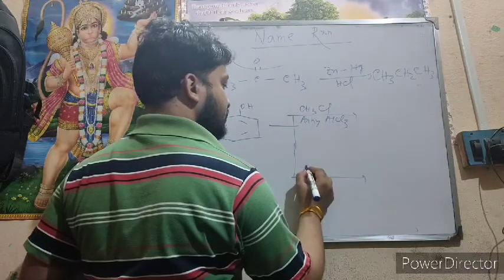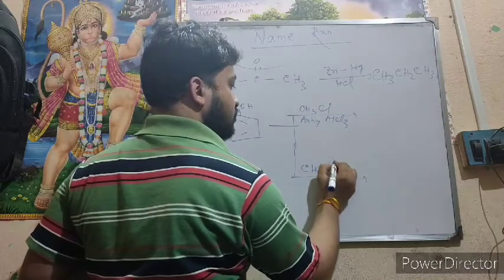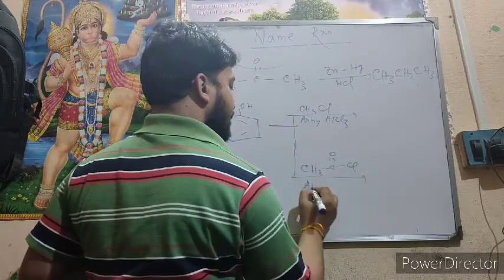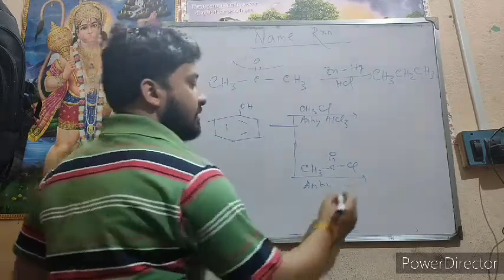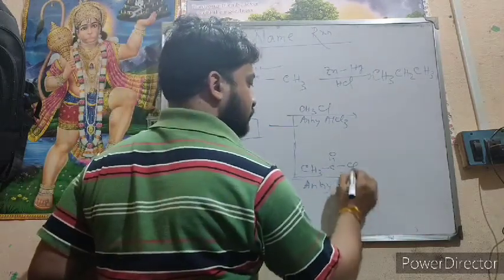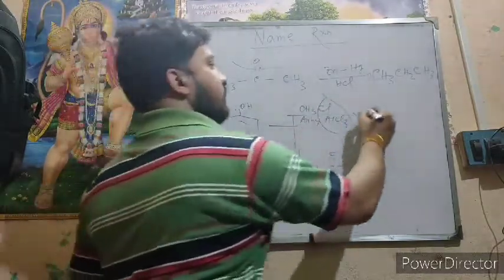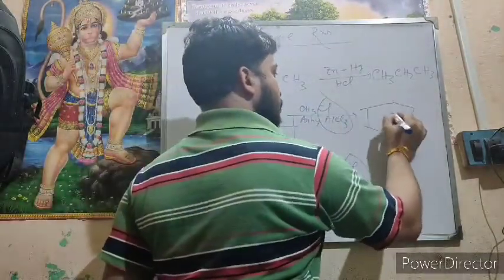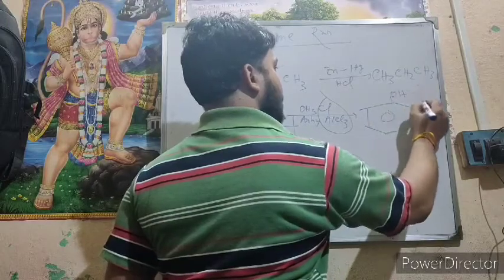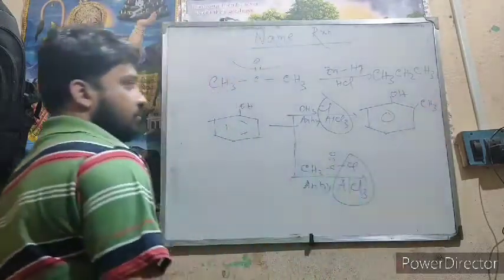For acylation, the acyl group CH3COCl and anhydrous AlCl3. AlCl4 occurs here, so CH3 goes here, and the product is phenol with CH3.